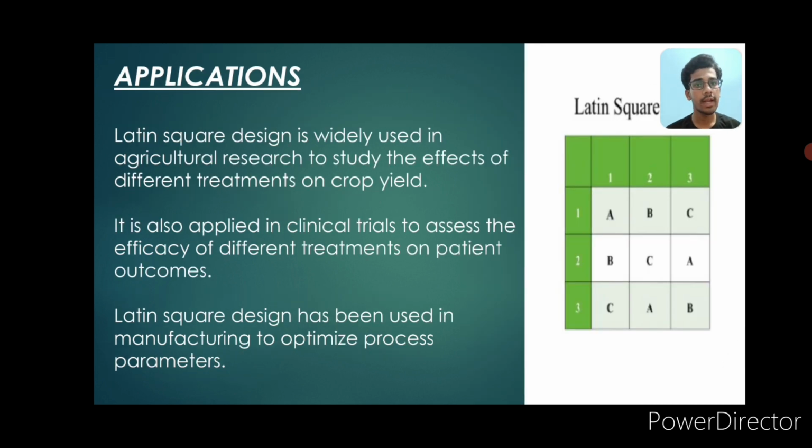Now, applications of the Latin square. Latin square design is widely used in agricultural research to study the effect of different treatments on crop yield. It is also applied in clinical trials to assess the efficacy of different treatments on patient outcomes, to test whether a medicine gives a proper treatment or not.